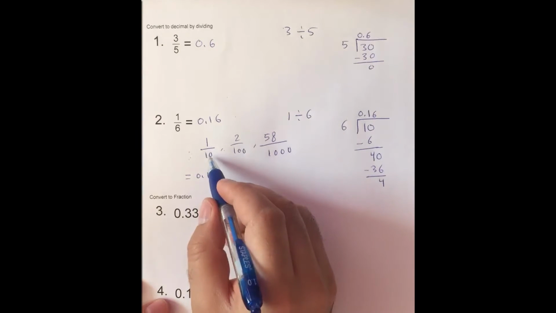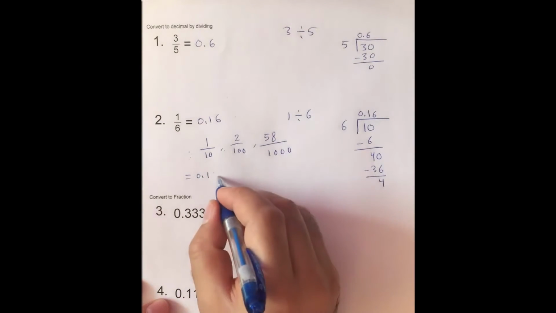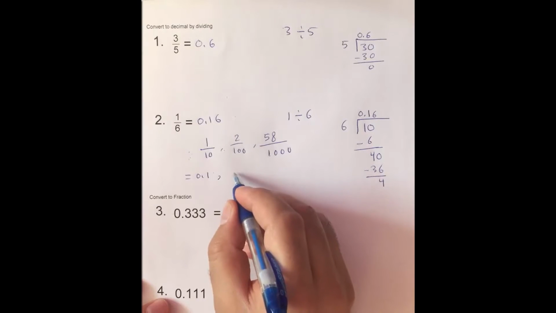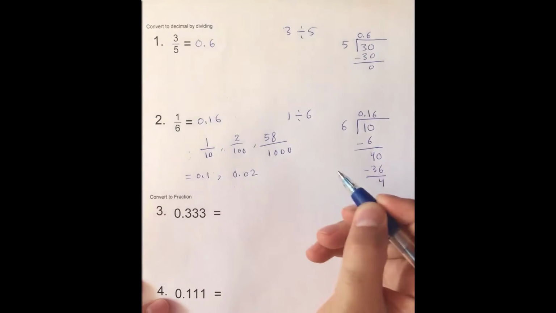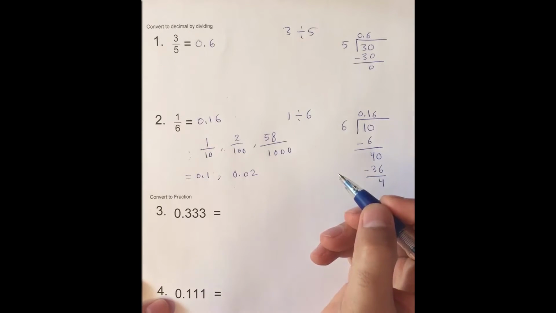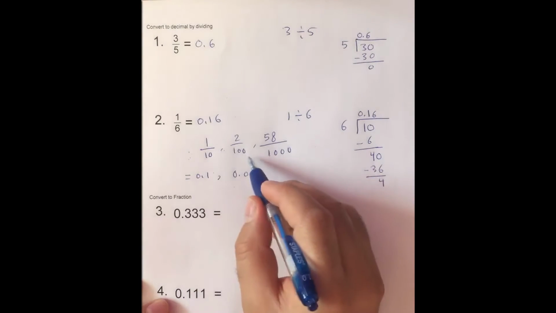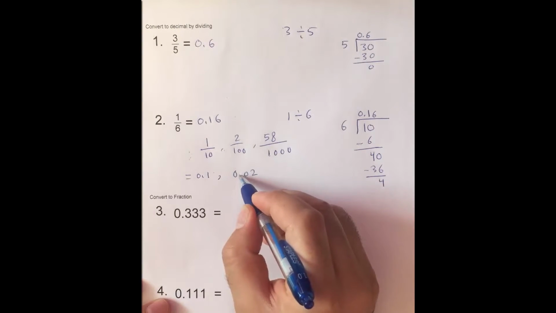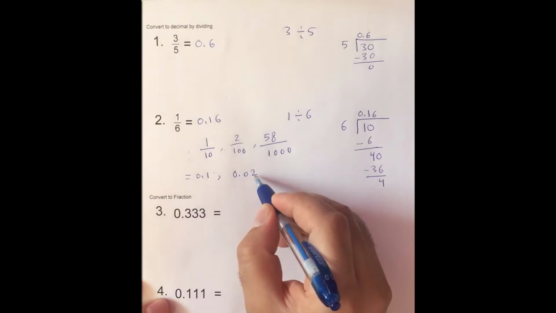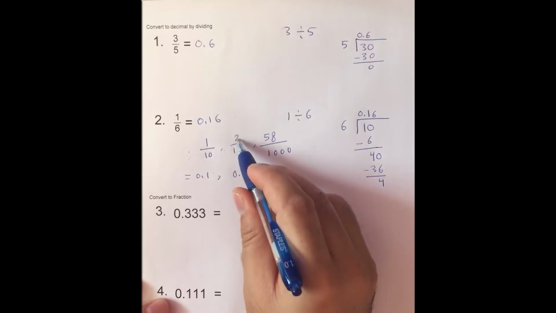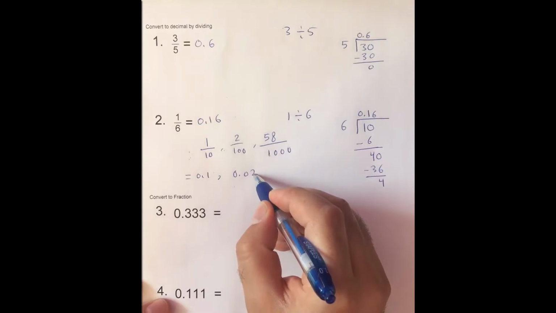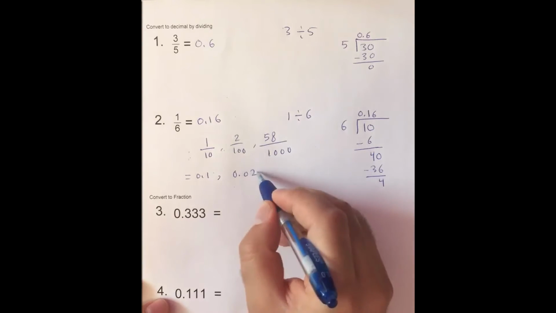Whatever you have, you just put the decimal on the other side. For example, for this one, because there are 2 zeros, you go from the decimal point that many places and you write the number. So if you have two zeros, this number goes in the second place after the decimal point.